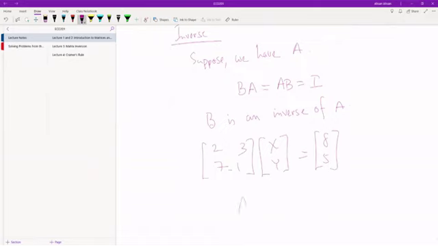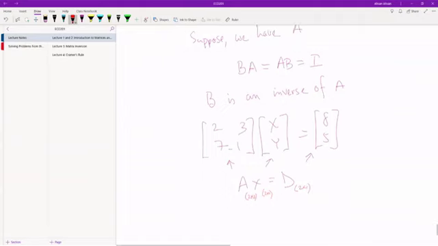Suppose I'm going to call this matrix A, matrix X, and matrix D. So matrix A is this, matrix X is this, and matrix D is this. I'm going to write down the dimensions as well. Matrix A is 2 by 2, matrix X is 2 by 1, and matrix D is 2 by 1.